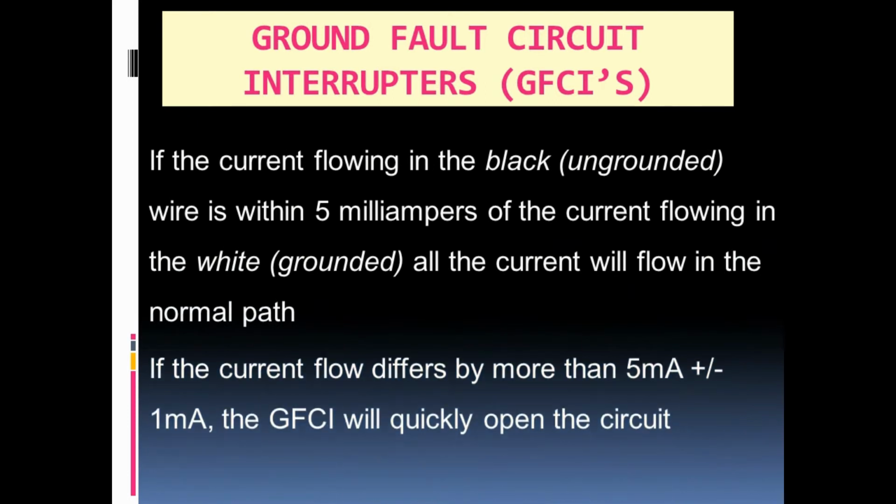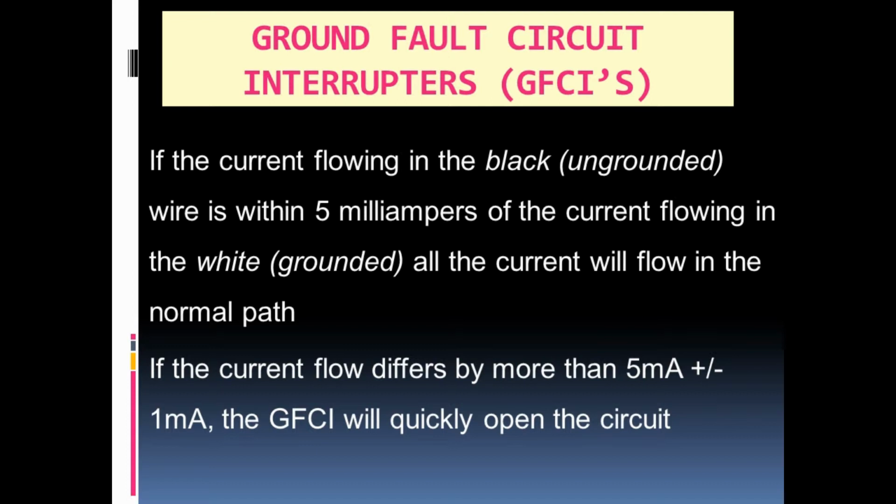If the current flowing in the black ungrounded wire is within 5 milliamperes of the current flowing in the white grounded wire, all the current will flow in the normal path.